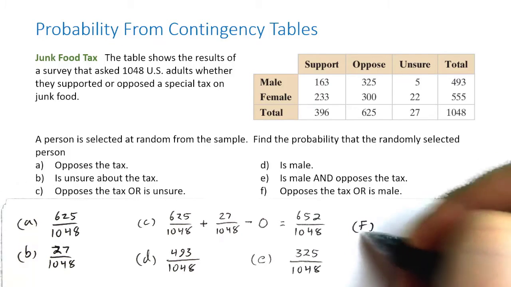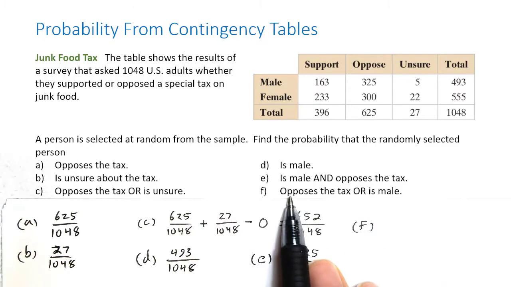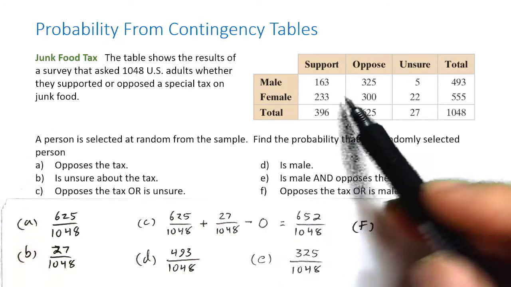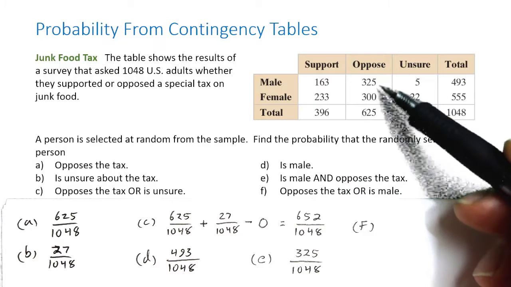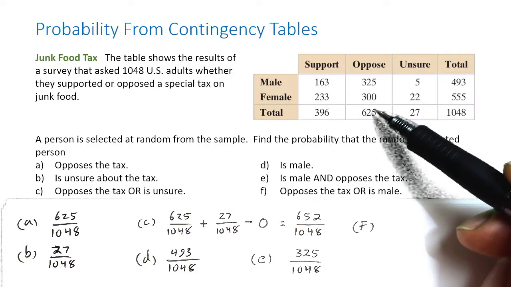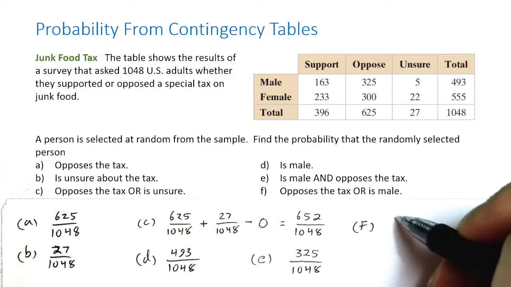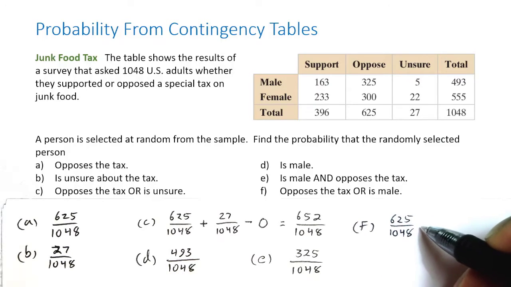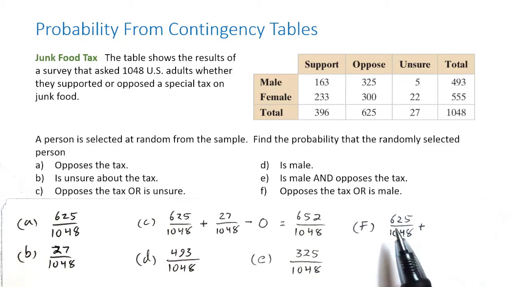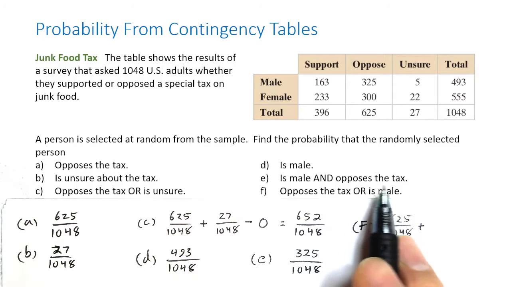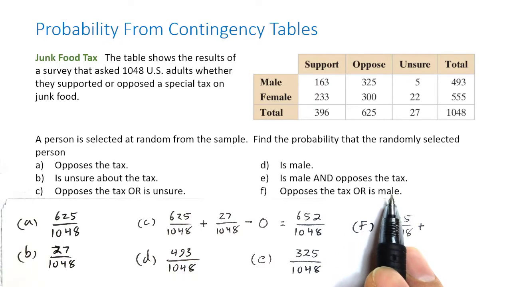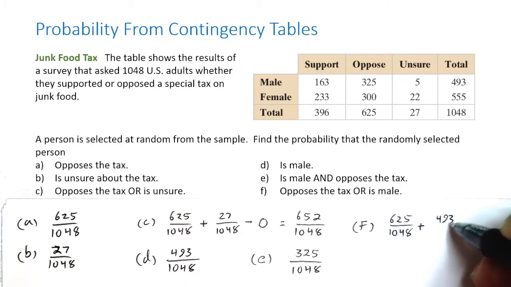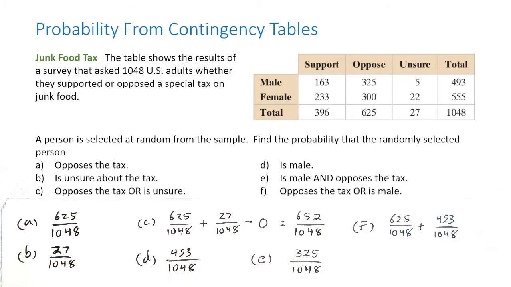And part F. What's the probability that they oppose the tax or are male? Well, okay. What's the probability of opposing the tax? Well, that is 625 out of 1048. We did that before. The addition rule says we add the probability that they are male, which is what we computed in part D, 493 out of 1048.